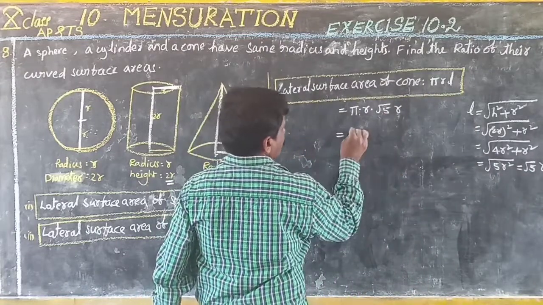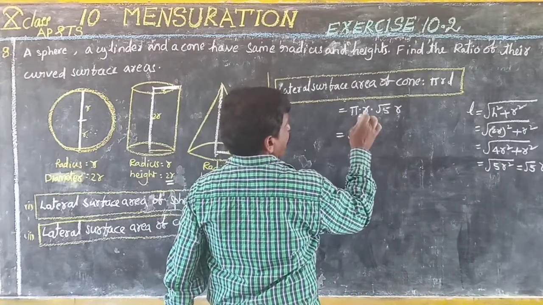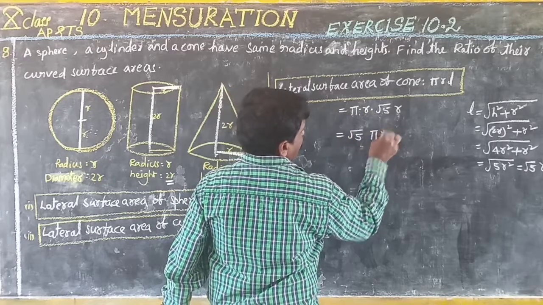So root 5 into pi into r into r, that is root 5 pi r square.